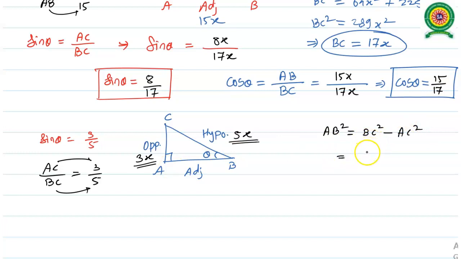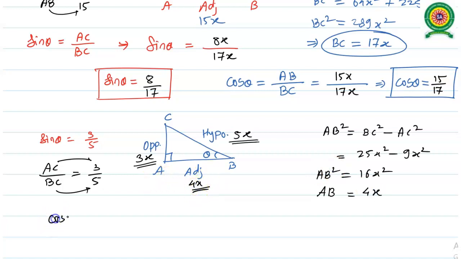BC square is 25x square, while AC square is 3x the whole square, which is 9x square. 25 minus 9 is 16x square. So AB square is 16x square. Taking square root on both sides, AB is 4x. So I am writing the adjacent side AB is 4x.